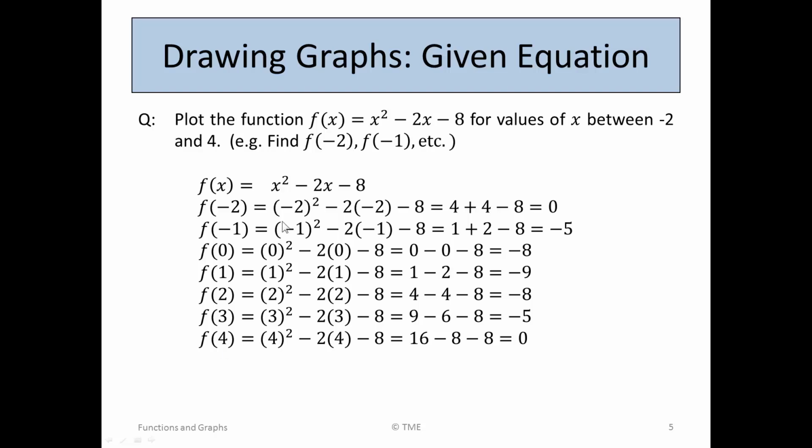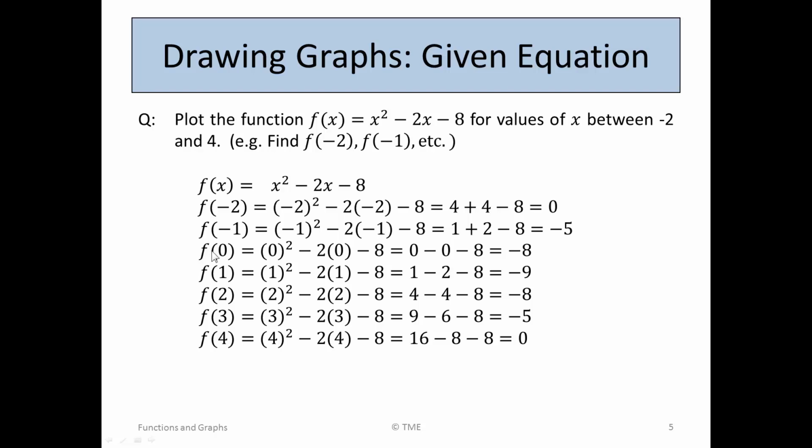When x is 4, x squared is 4 squared, minus 2 times x, or minus 2 times 4, minus the 8. 4 squared is 16. Minus 2 by 4 is minus 8, minus the other 8. 16 minus 8 is 0. So we've now calculated the f of x value for all of the range of values for x from minus 2 up to 4.